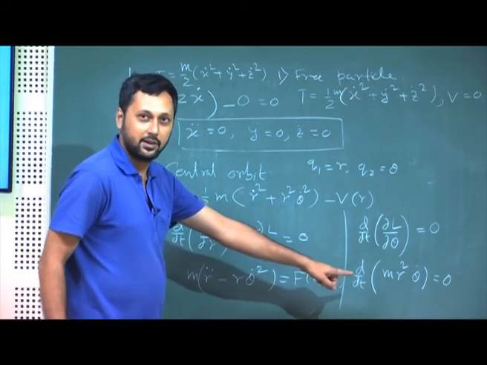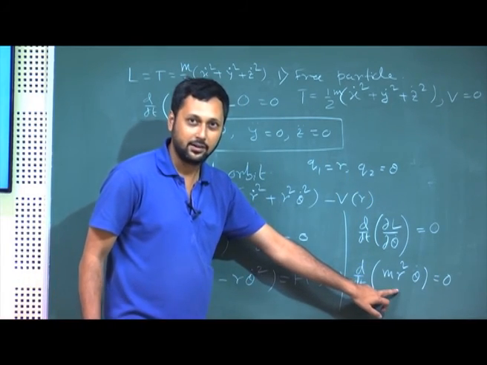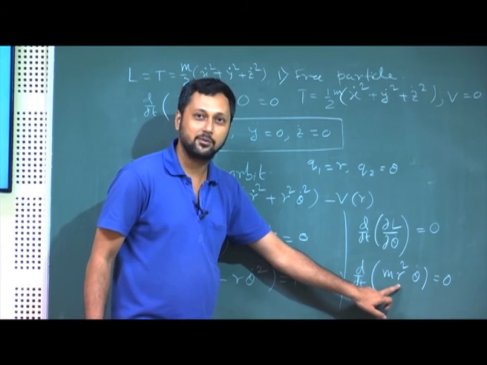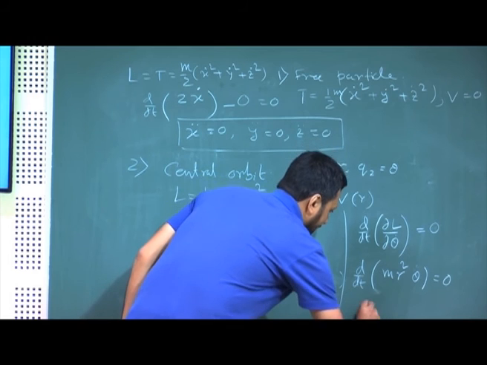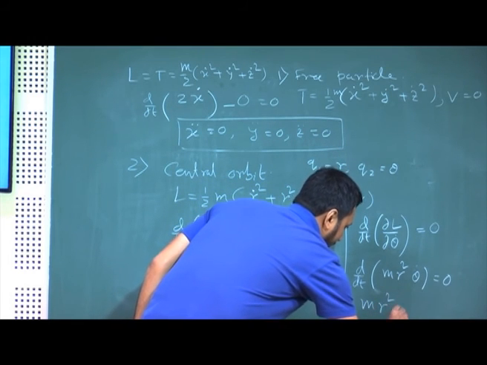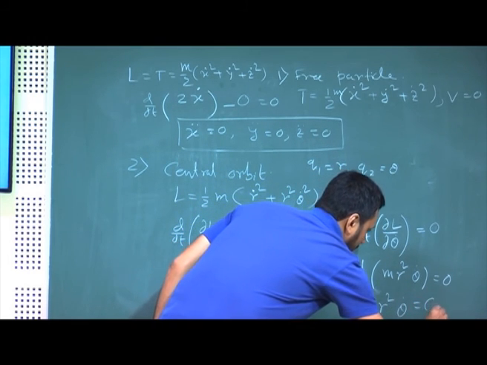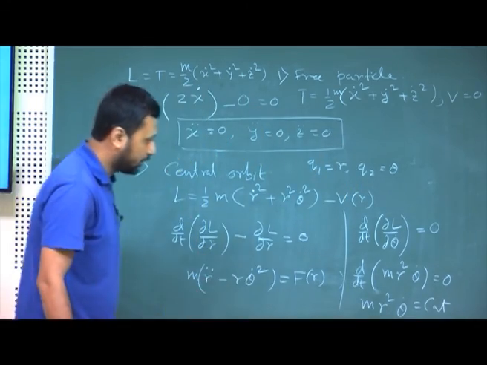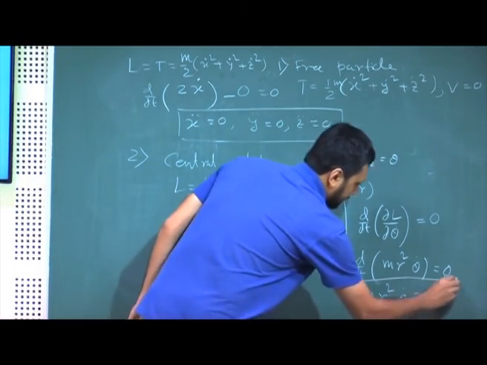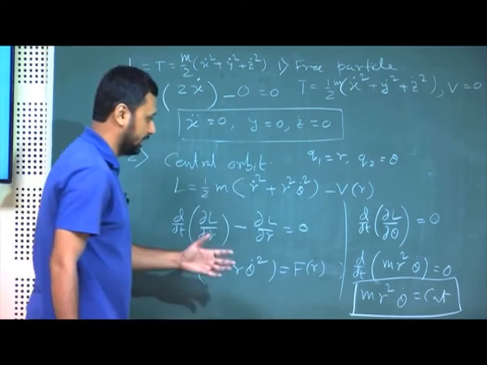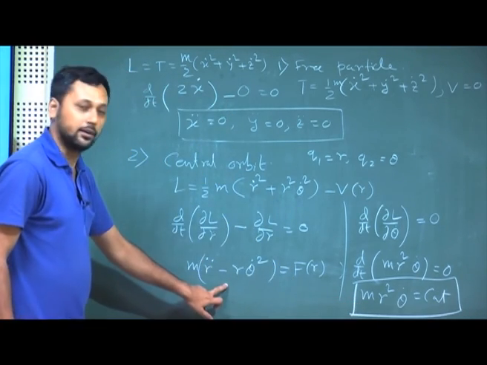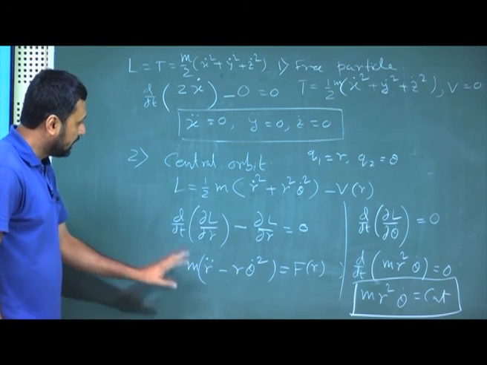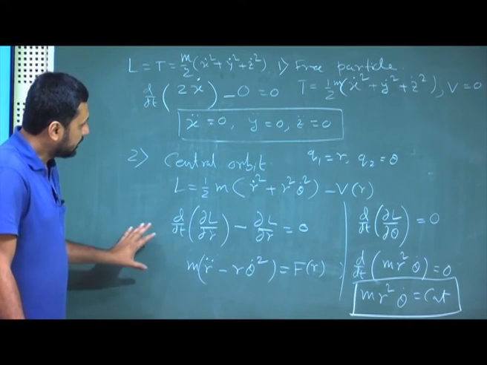Does it sound familiar? Definitely it does. This is nothing but your angular momentum magnitude. So, the second equation gives you m r square theta dot equal to constant, and this is exactly what we know from our lectures on central forces. This is one equation and this is the other equation. So, we could reproduce the two equations of central orbit starting from here.